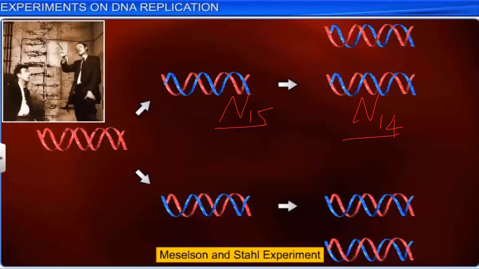Now, when you see this red color, this is what they are showing with the heavy N15. So if I also use the color blue and red, first when they have grown the DNA in the first generation, say suppose the normal DNA is like this. I gave them N15.